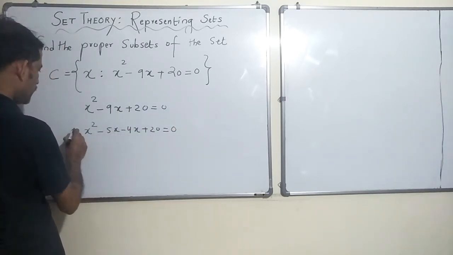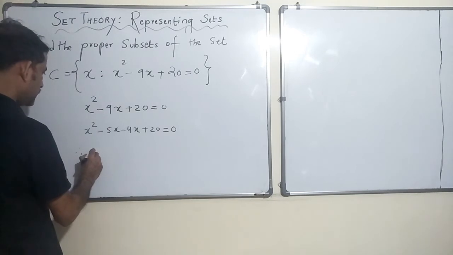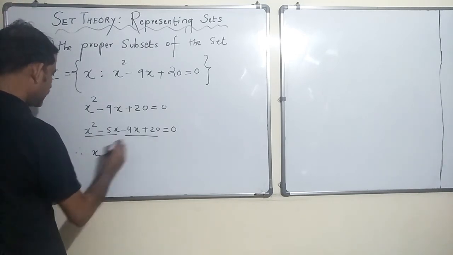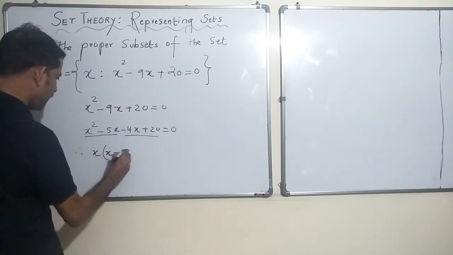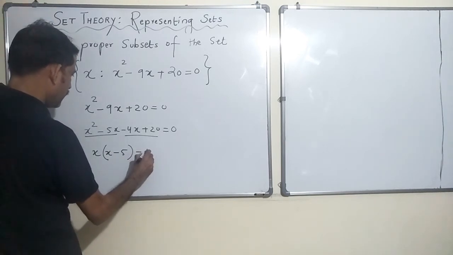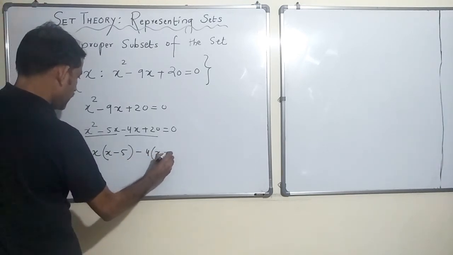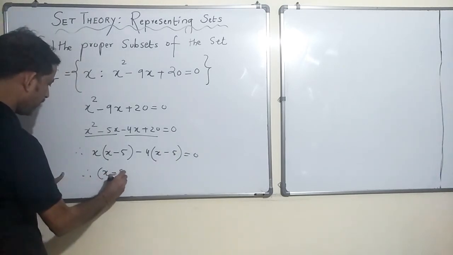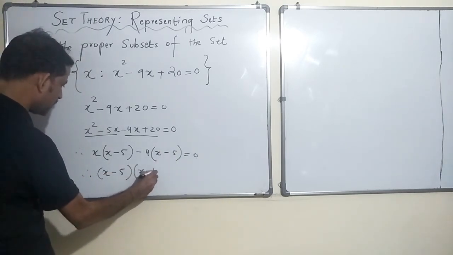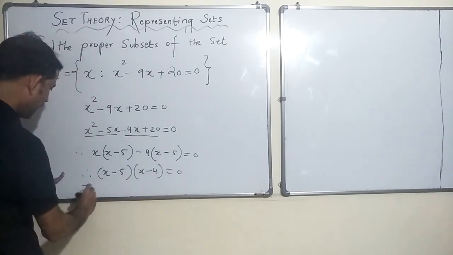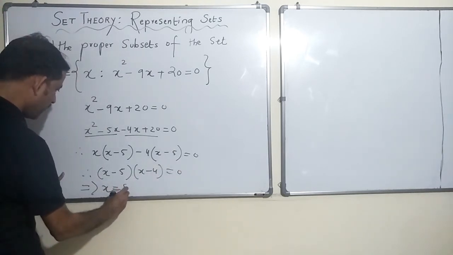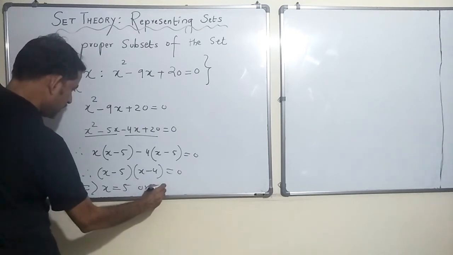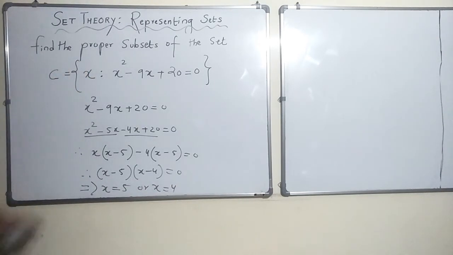So x minus 5 minus 4 times x minus 5 is equal to 0. So therefore x minus 5 times x minus 4 is equal to 0, which implies x is 5 or x is equal to 4.